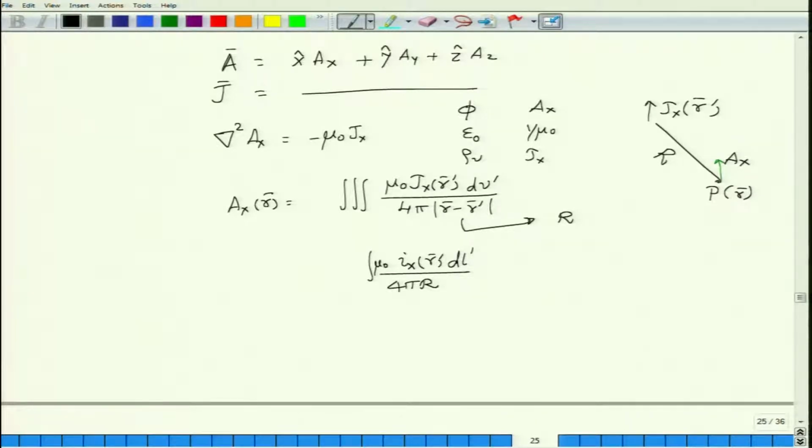Do you see now that actually introducing A was a very interesting phenomenon, because if you had to directly calculate the field B or calculate the field H from the current distribution, you would have seen that the field H is not in the same direction as the current distribution, because the field would actually try to circle the current distribution.